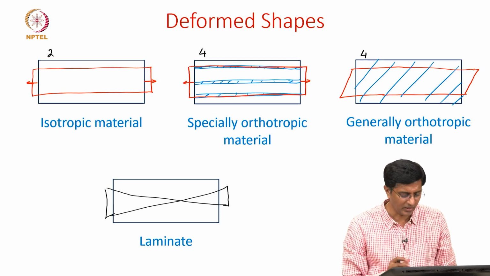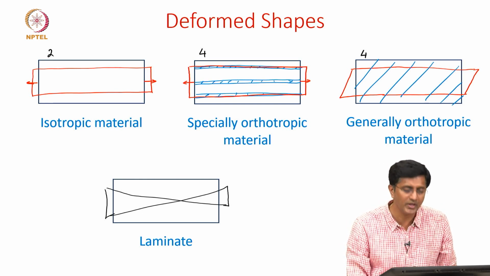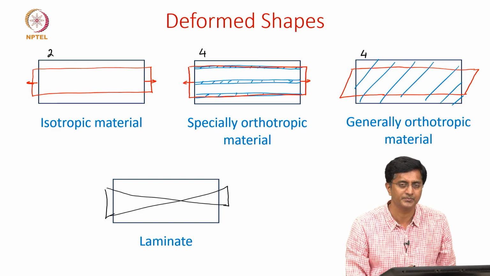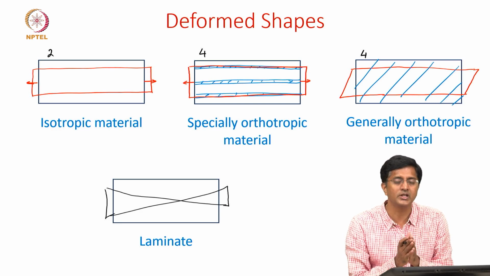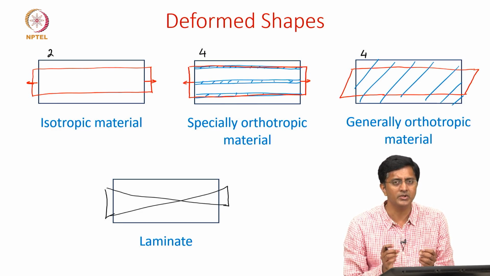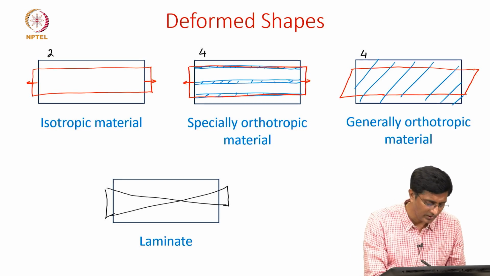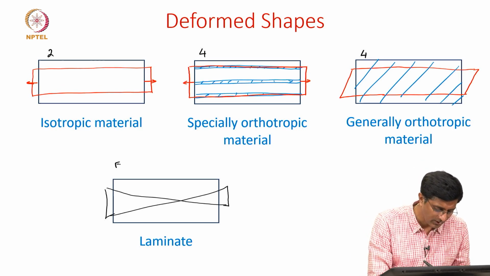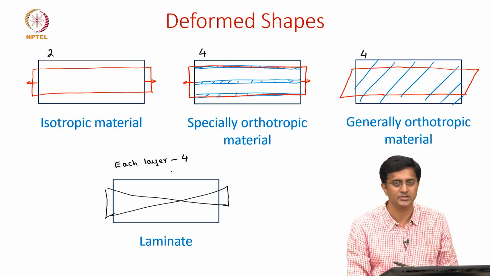But the question is, how many independent elastic constants do we have in a laminate? It all depends on what layers we are choosing for this laminate. But let's say, for example, all laminas are made from the same material. For each layer, we will have four independent constants.